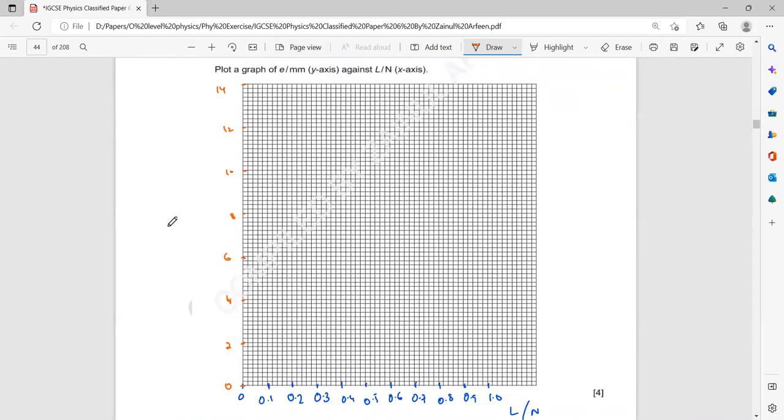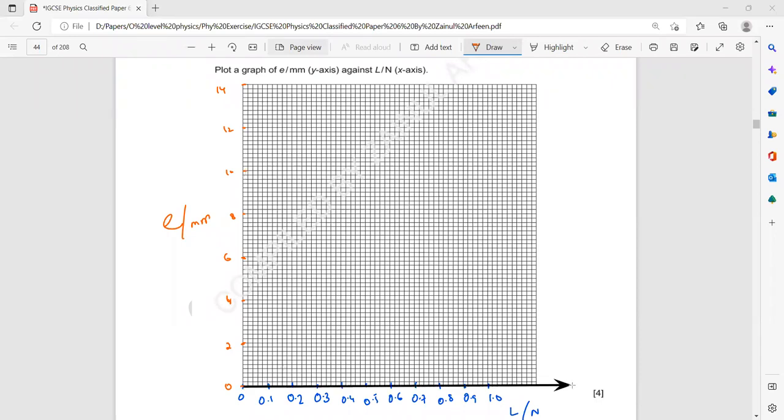And you should label the axis. So it is extension, and the unit of extension is millimeter. So draw a horizontal line to show the x-axis. Then draw the vertical line to show the y-axis. Now what we have to do is plot the results on the grid.